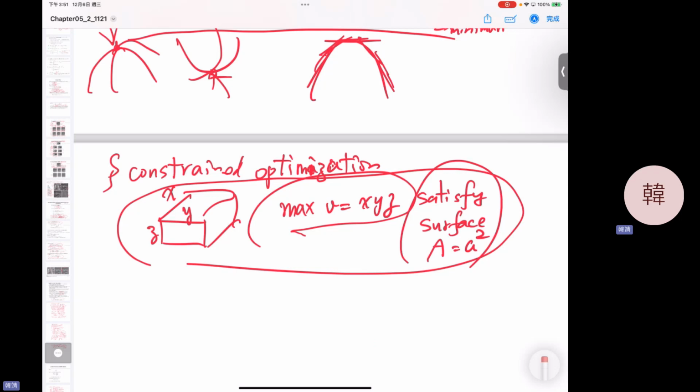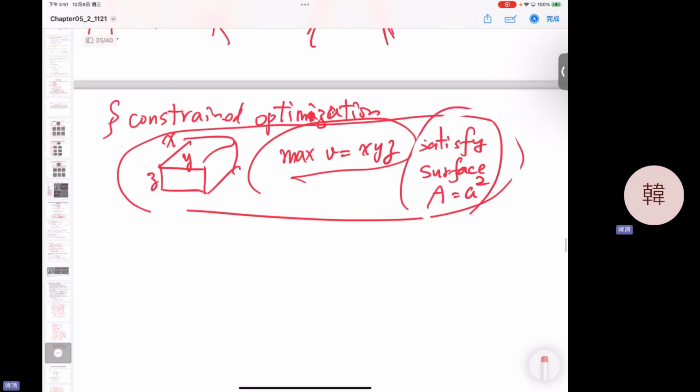Now we have more constraint conditions here. So how can we do it? There are two different approaches. The first approach, which you can try to imagine, is to combine this condition into an unconstrained optimization. You have this condition, so how can I combine them together to become unconstrained?